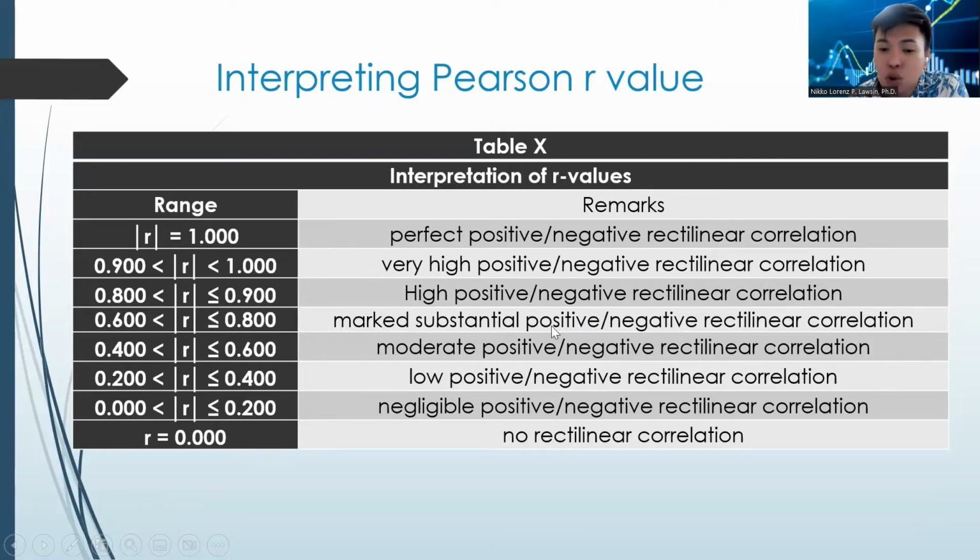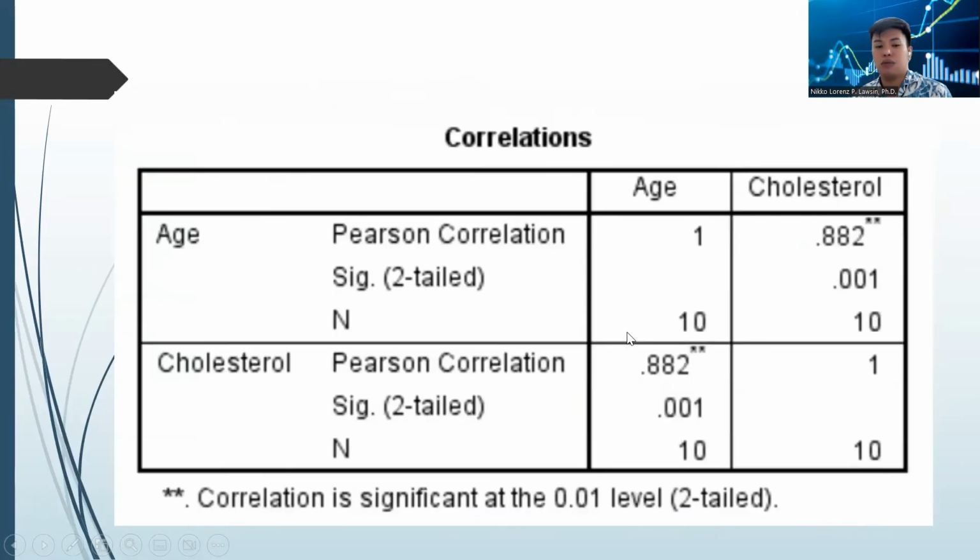If it's negative, we choose between the two, negative or positive. You still get 0.882 here for the Pearson R. Their p-value is 0.001. Therefore, we are 99.9% sure that their result is valid.